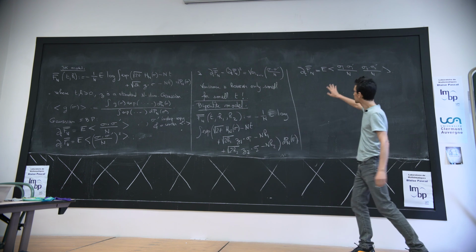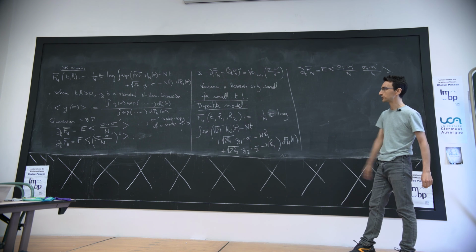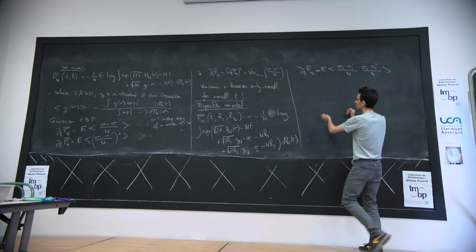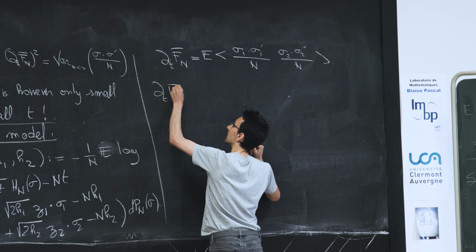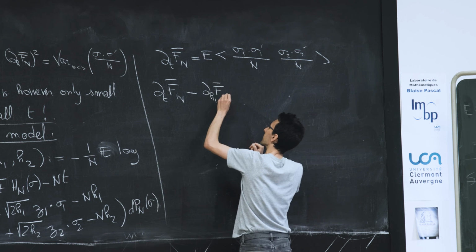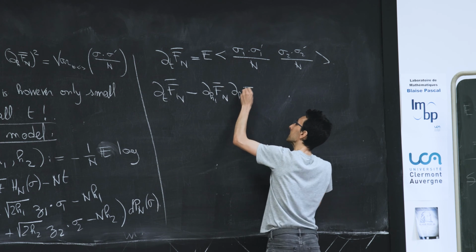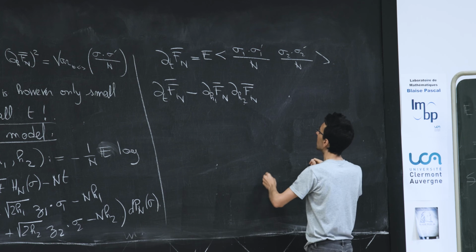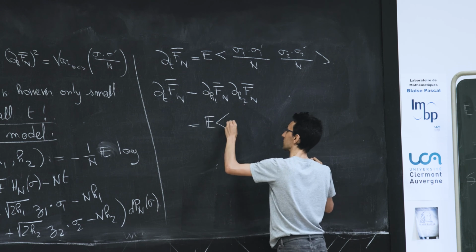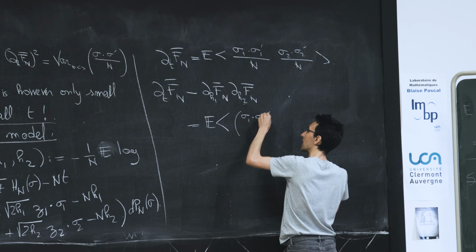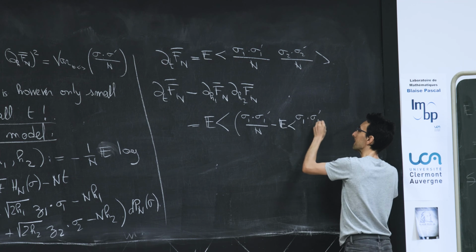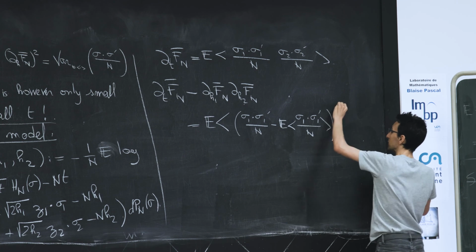Okay, and maybe I'm not going to write it, but you see what the derivative with respect to h1 will be, and with respect to h2. So dt of fn bar minus the product of the derivatives. I could write it as the expectation of sigma 1 dot sigma 1 prime over n minus its mean value, multiplied by the same thing with sigma 2.